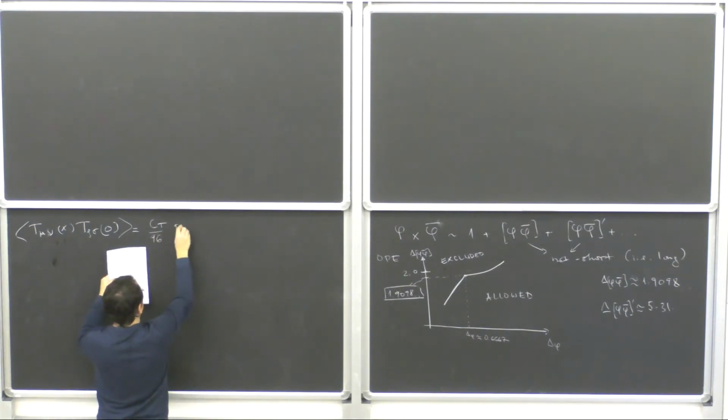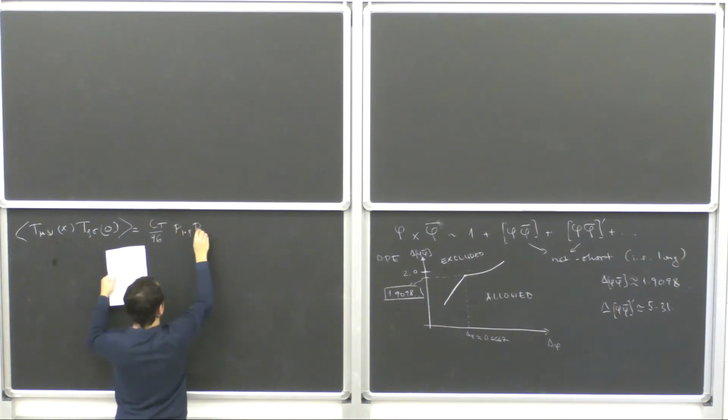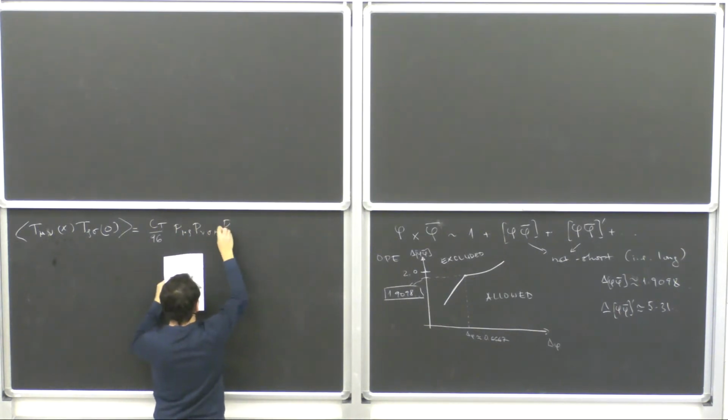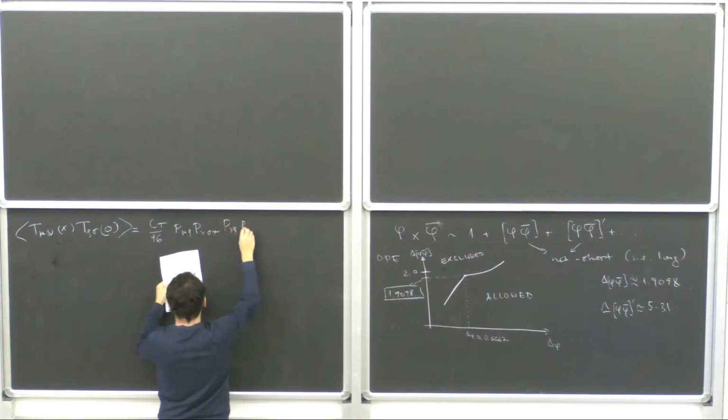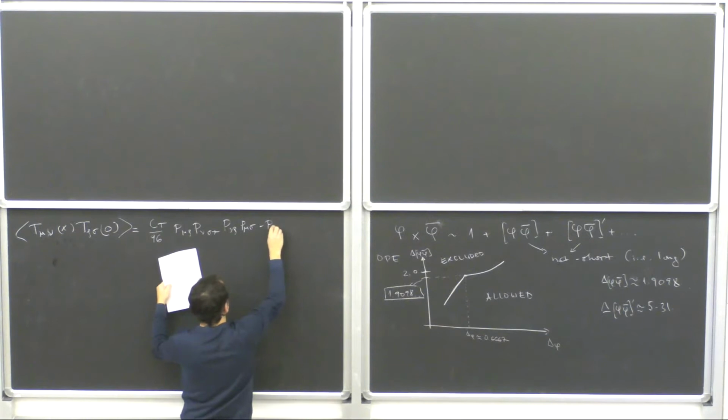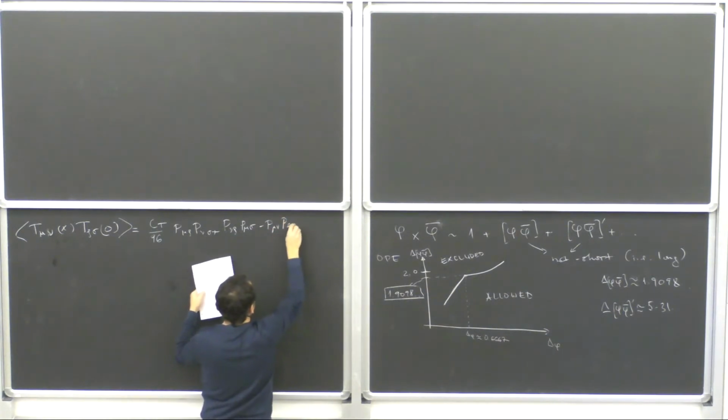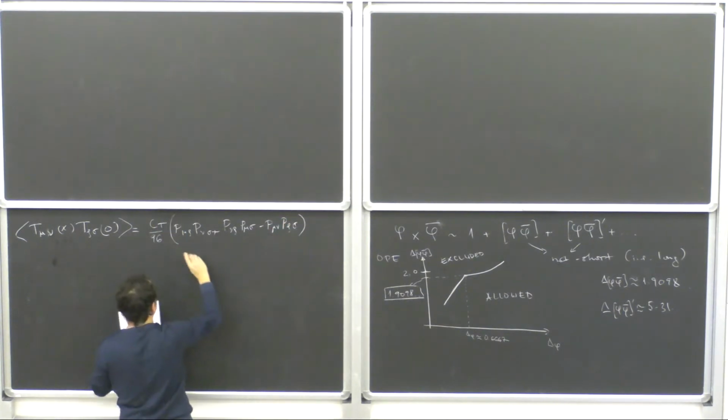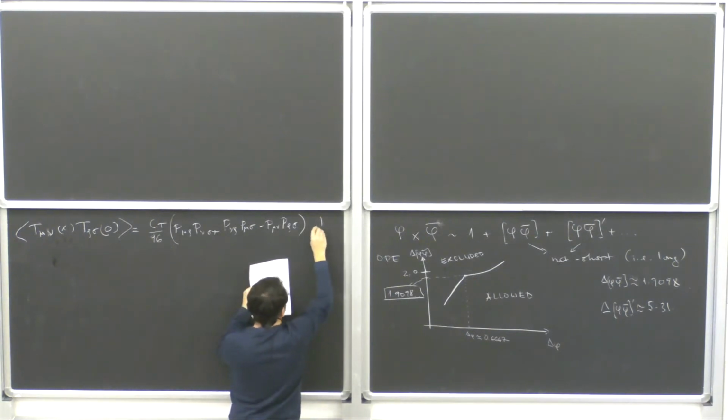There is some normalization there that is chosen kind of randomly. Okay, so you have this quantity, and I still have to tell you what the P's are. I'll do so in a moment.